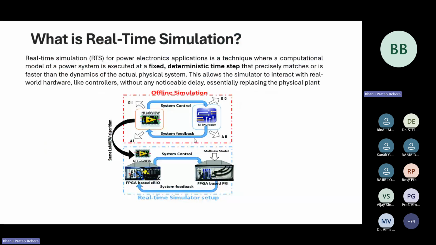Real-time simulation means that when we are validating or designing some control methodology for a particular plant, we do mathematical modeling through simulation software, maybe MATLAB, maybe LabVIEW, or some other simulation software.